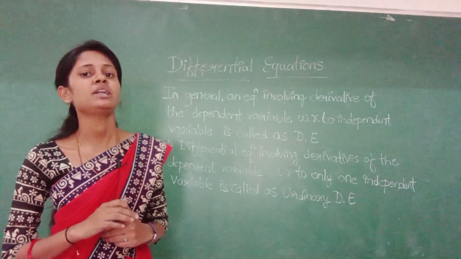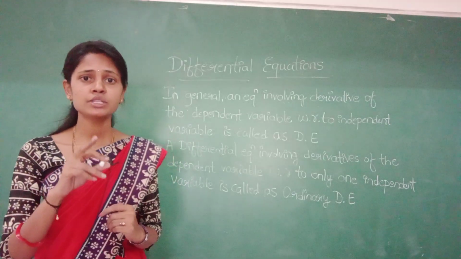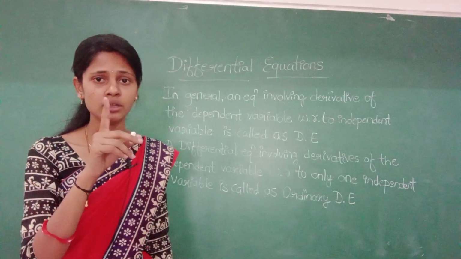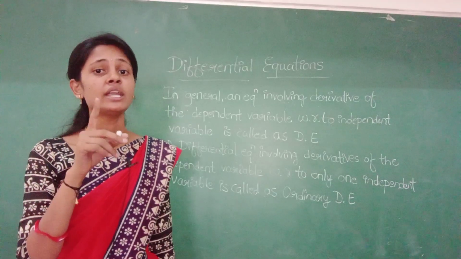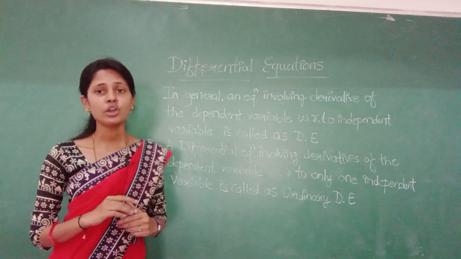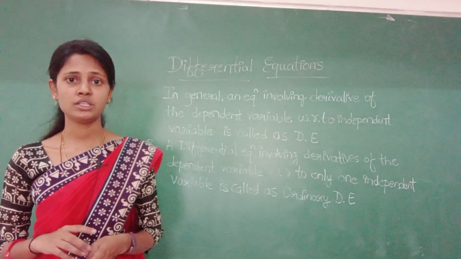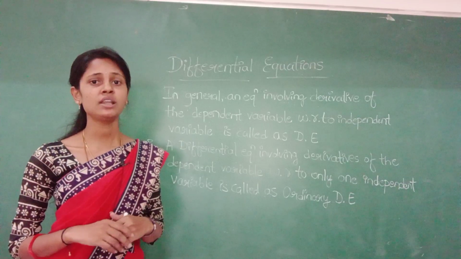What is our independent variable? It is x, and independent variables must be only one. That is, we should not go for more than one independent variable. That is what we call an ordinary differential equation. So this is the definition for ordinary differential equation.